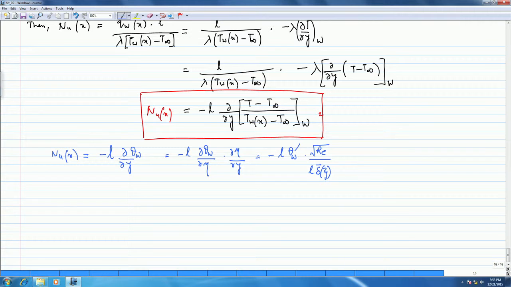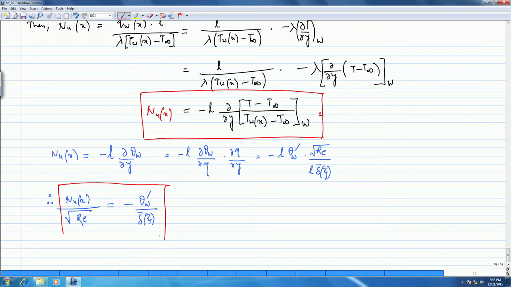Therefore, we can write that the Nusselt number by the square root of the Reynolds number is equal to the wall derivative by zeta. That is a nice expression to use. We are going to call this equation 12.